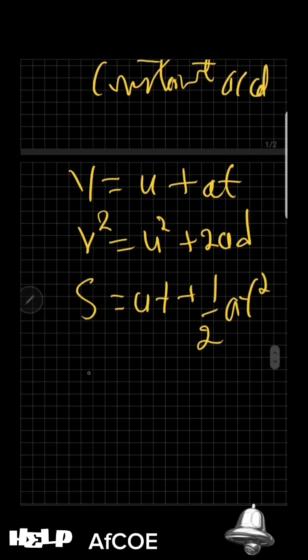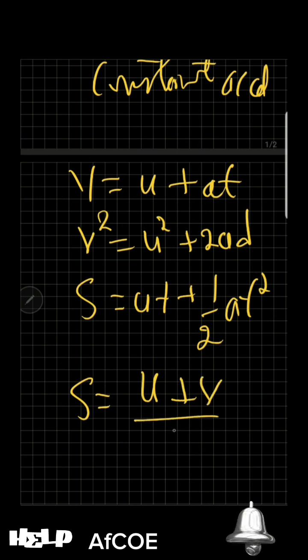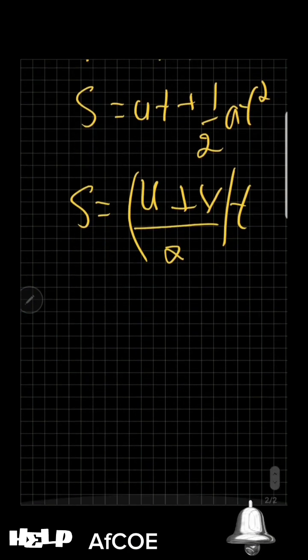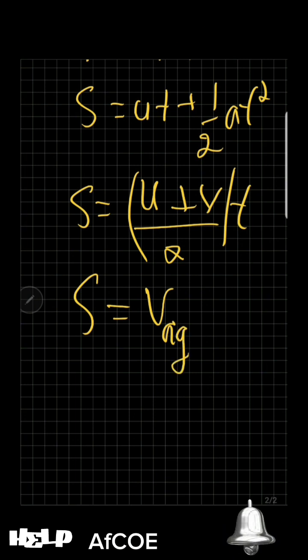There's another one: s = ((u + v)/2) t, or we say that s equals the average velocity times t.